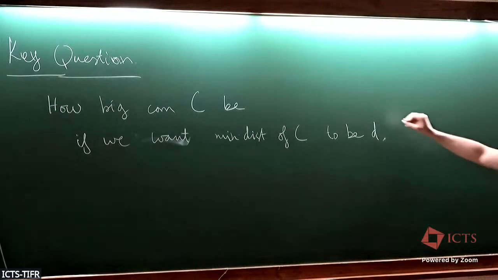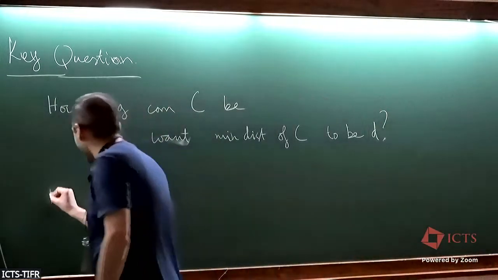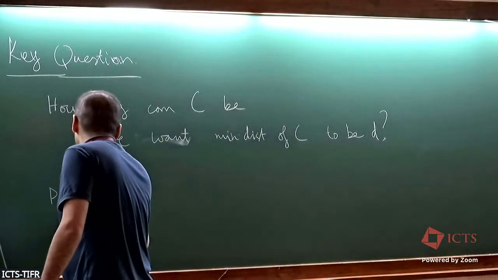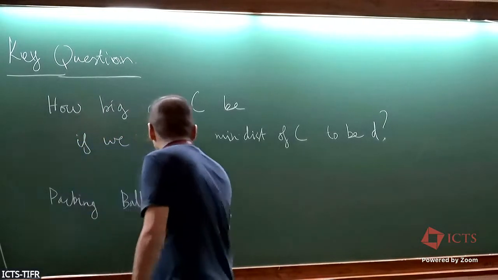That is, it's a combinatorial question. It's also exactly the same question as how many Hamming balls of radius d over 2 can you fit inside sigma to the n disjointly. So it is the same as packing balls of radius d over 2.